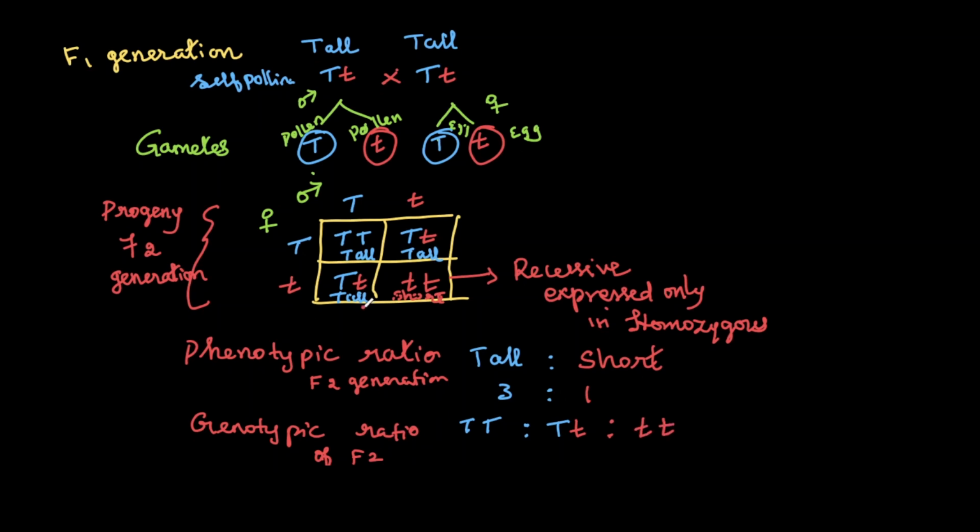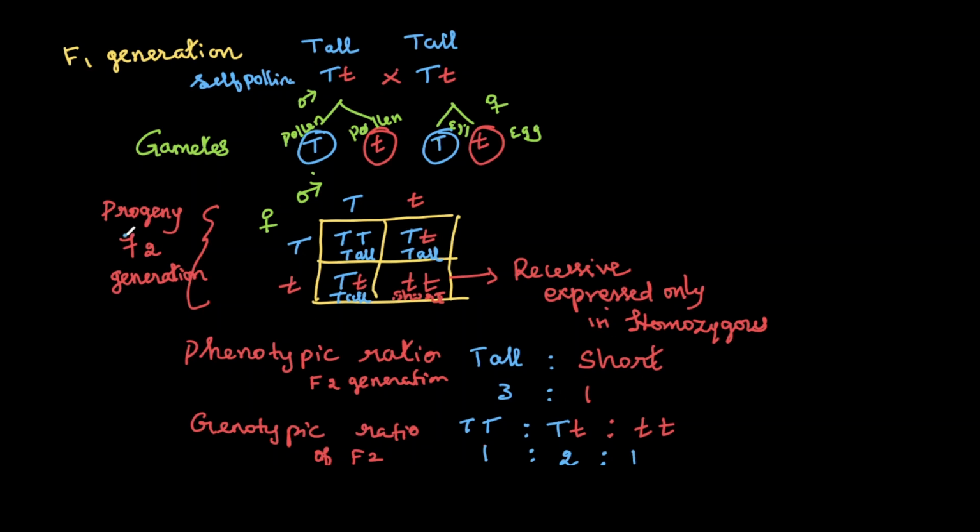Ratio means we have to write the number. How many are homozygous dominant? It is 1. 1 is to, heterozygous capital T, small t, it is 2. 1 is to 2 is to small t, 1. So the genotypic ratio of F2 generation.